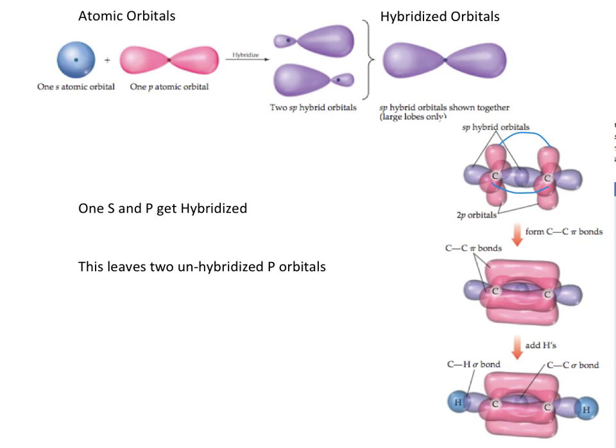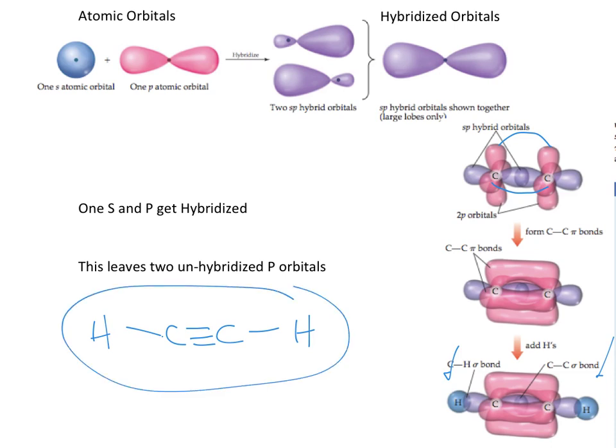Okay, so if we end up with two pi bonds, that means that we have a triple bond. And if we throw our hydrogens in, as we see here, we're going to end up with this structure here, which is acetylene. Okay, so in this situation, you have a sigma bond that's created by the overlap here.